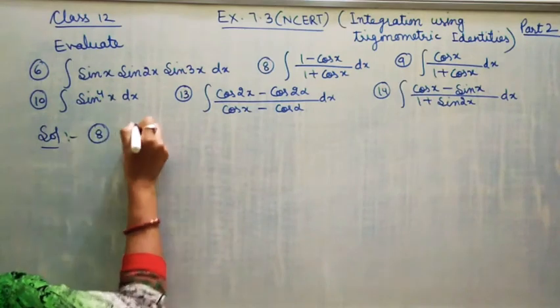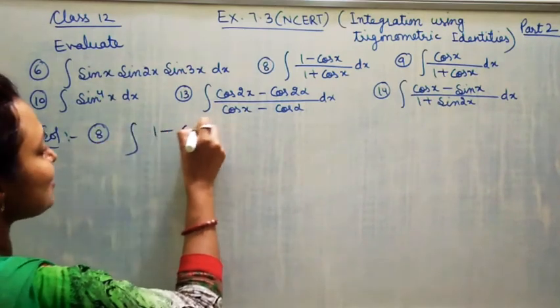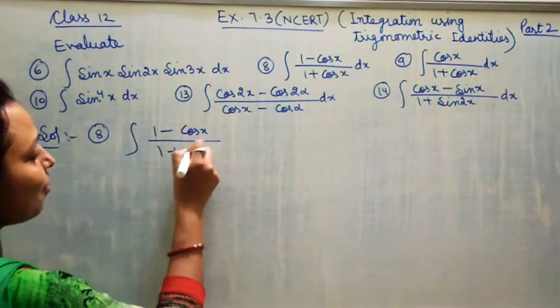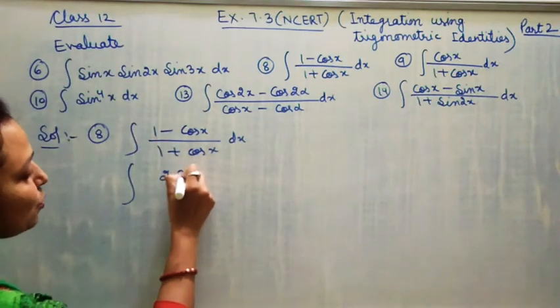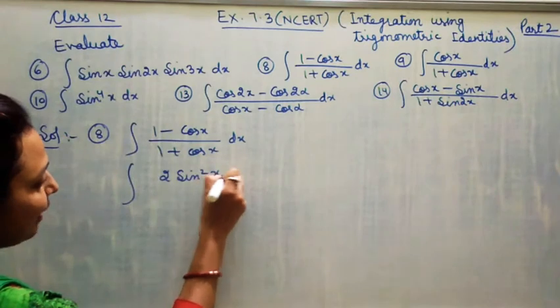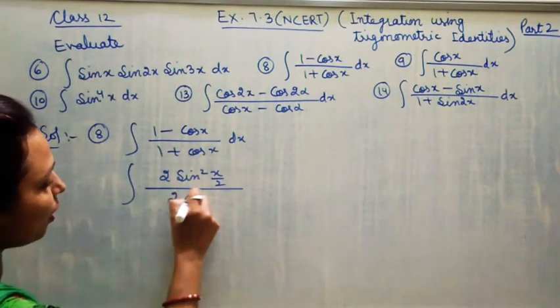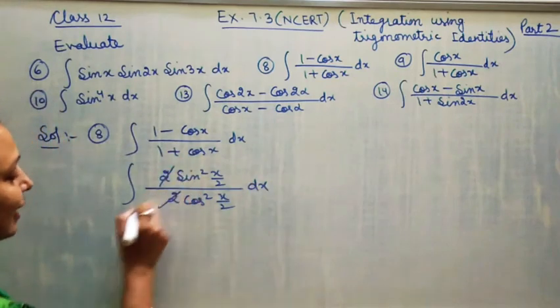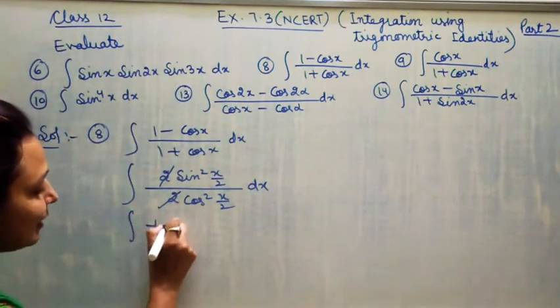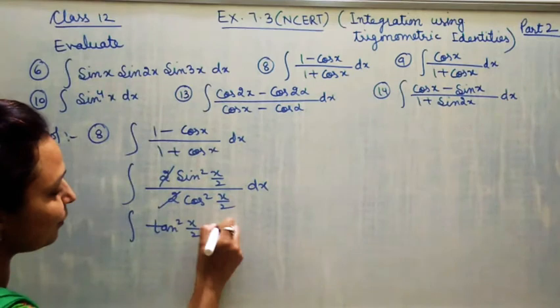Question number 8. Very simple question. 1 minus cos x upon 1 plus cos x. I will apply the identities. 1 minus cos x is 2 sin square x by 2 and here 2 cos square x by 2 dx. This 2 and 2 will cancel. Sin upon cos, that is tan square x by 2 dx.